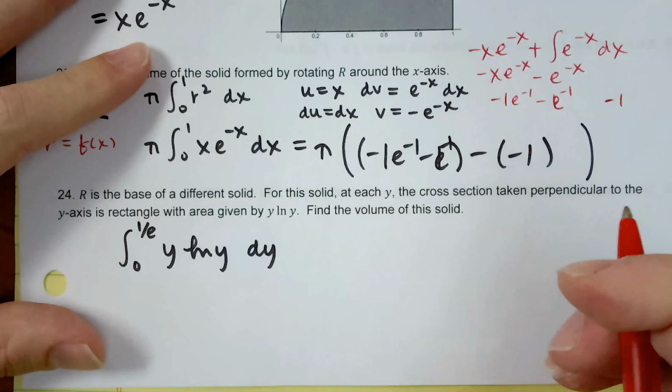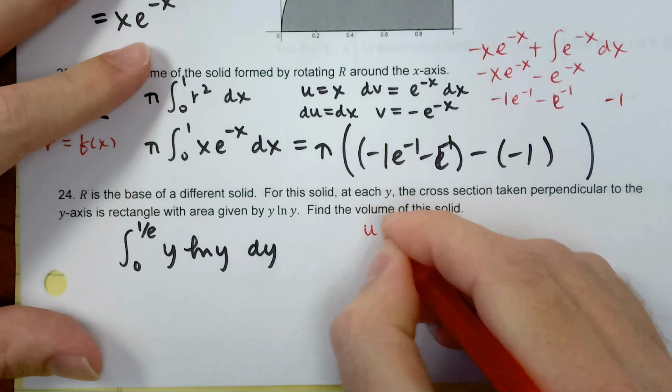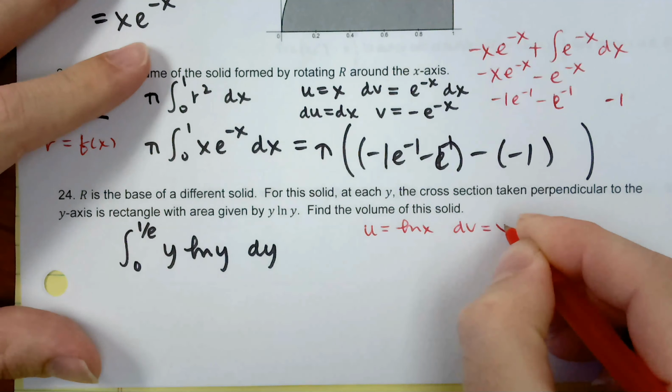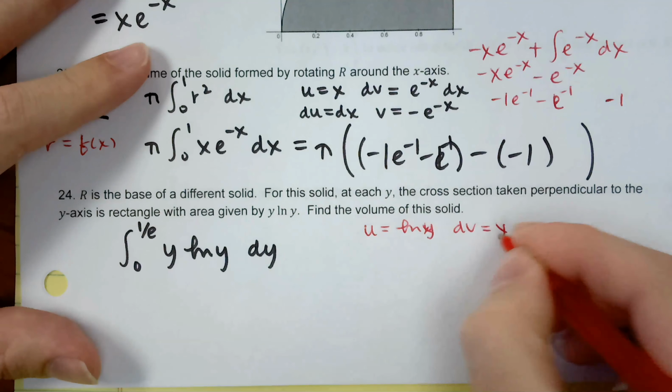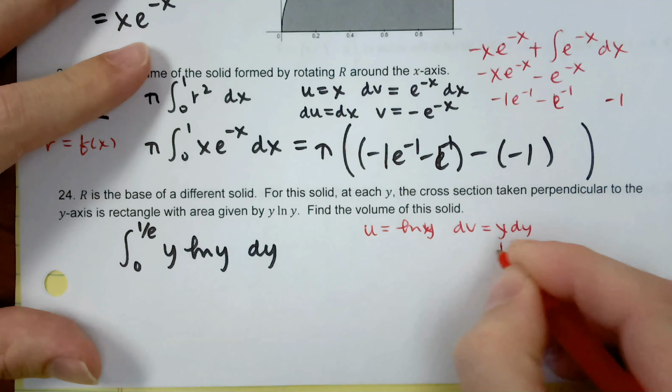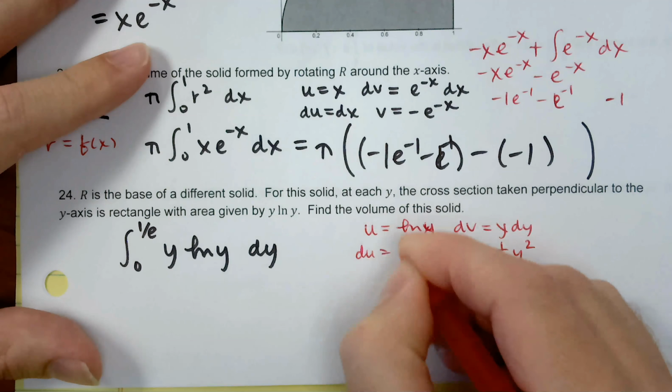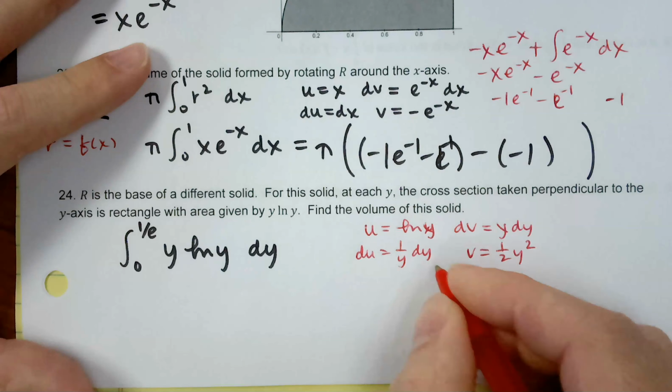I late log before algebra, so u equals natural log y. dv equals y dy. du is 1 over y dy.